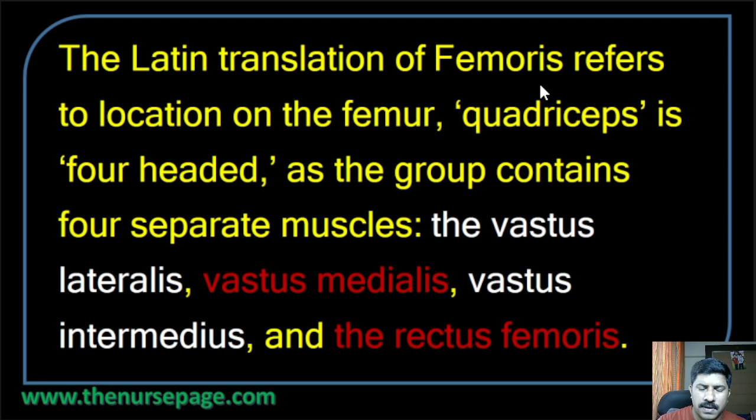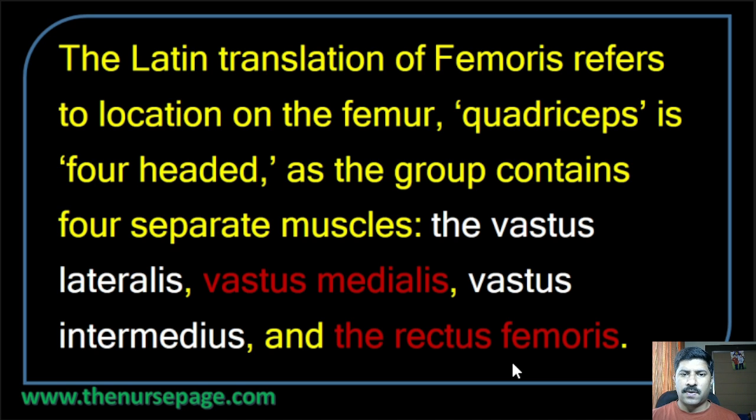Those four muscles are vastus lateralis, vastus medialis, vastus intermedius, and the last one is rectus femoris. These four heads join together and form the quadriceps femoris muscle. From there it got its name.